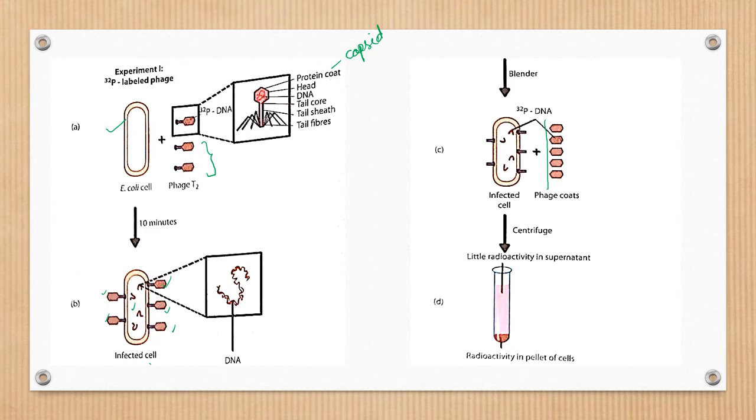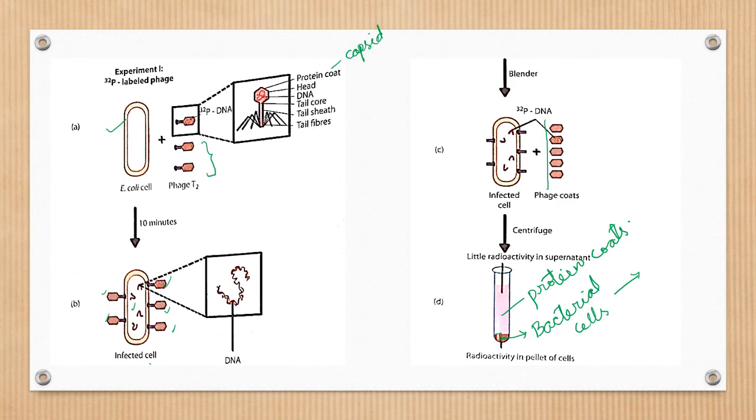Then this mixture is centrifuged. When centrifuged, the cells are settled at the bottom. This region consists of the bacterial cells, and the supernatant consists of the protein coats. So the bacterial cells are already infected with virus DNA.